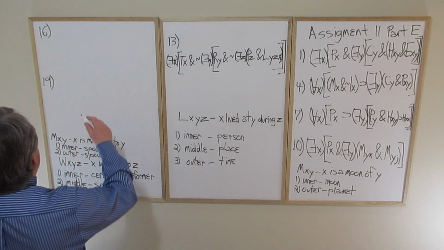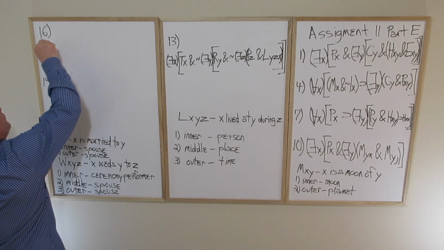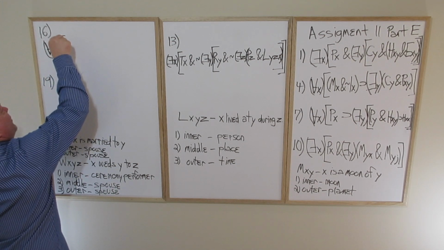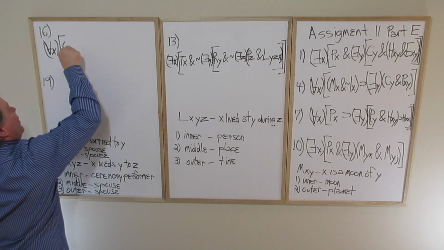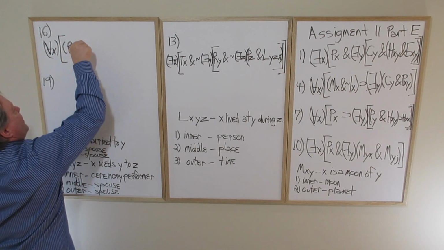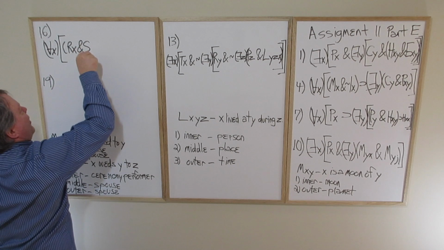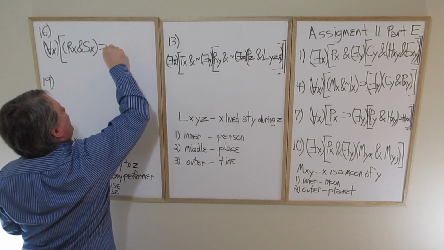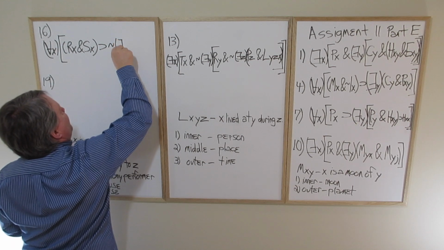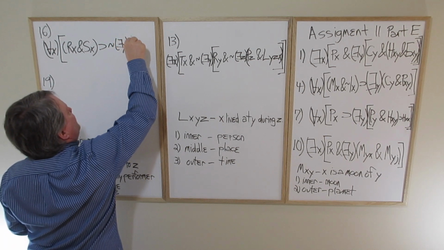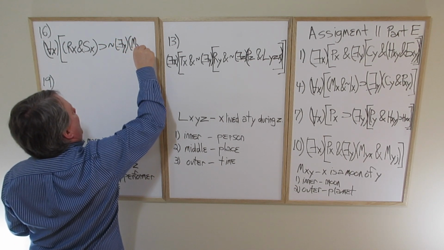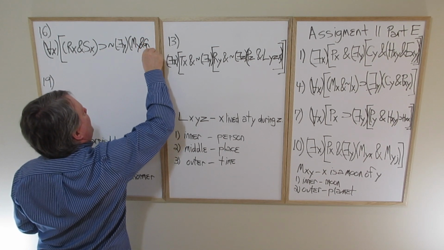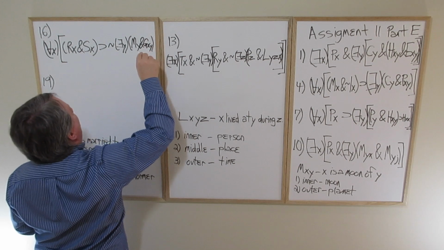That is to say, all x are such that if x is rolling and x is a stone, then it's not the case that there exists a y such that y is moss and x gathers y.